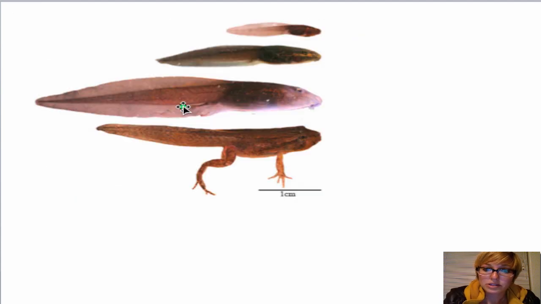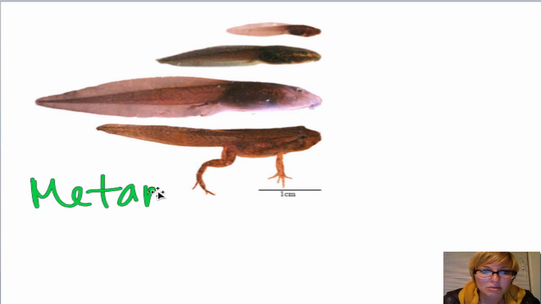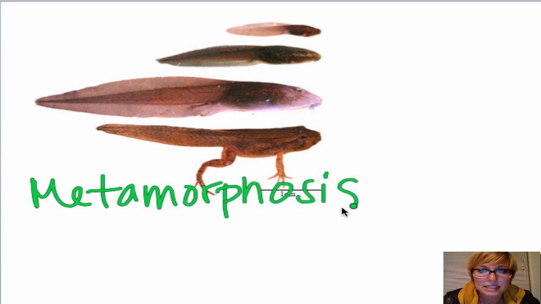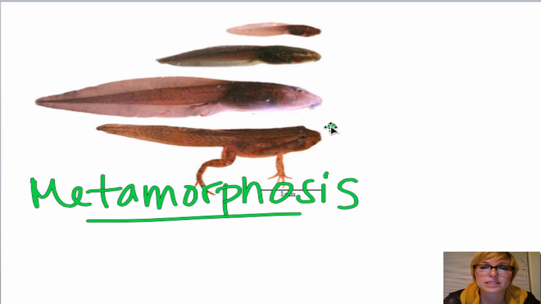Lysosomes are also used in a process that is called metamorphosis. And I hope when you were little you got to go to a pond and collect some tadpoles and put them in a bucket and watch them grow into frogs. And I'm sure as you watched them grow into frogs, we know that frogs don't have tails, right?